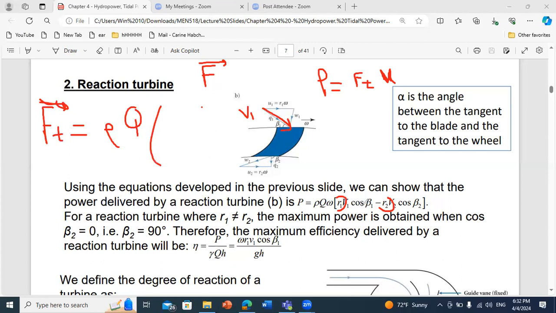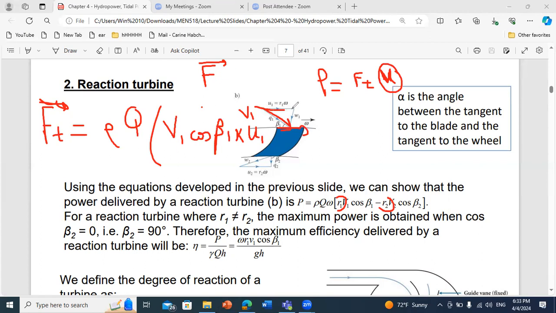The tangential velocity component at the inlet is v1 cosine beta 1. And in general, we multiply the tangential force by u, which is the linear velocity. But here, because the linear velocity is changing between the inlet and outlet, we should multiply at the inlet by u1, which is the linear velocity of wheel rotation at the inlet.